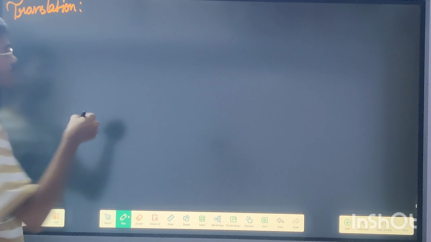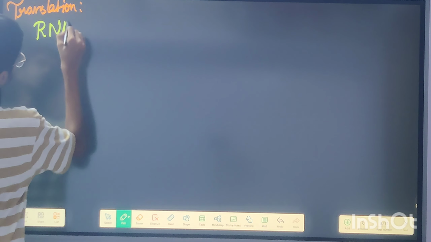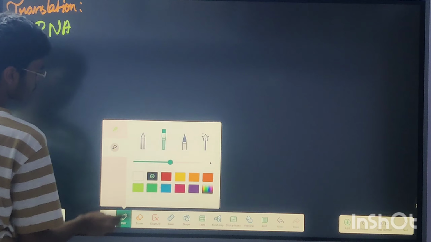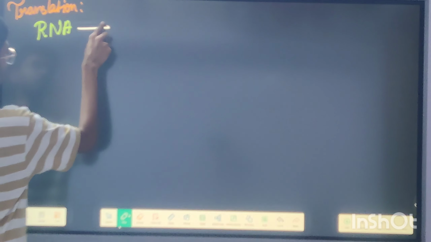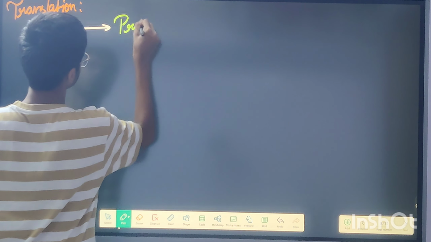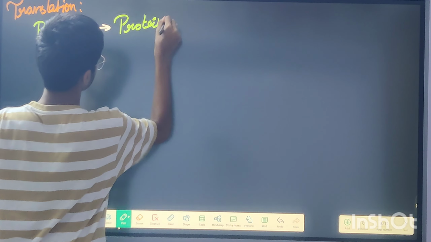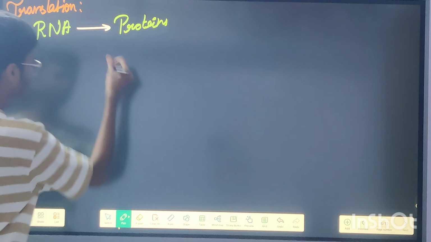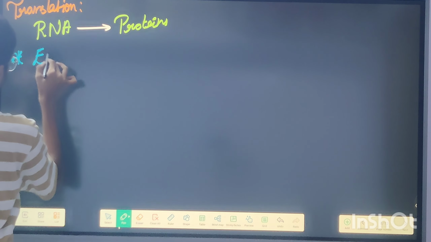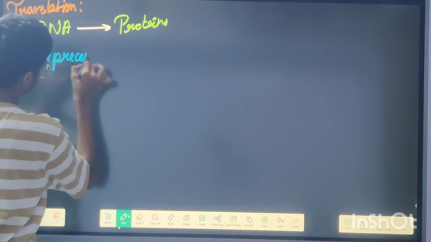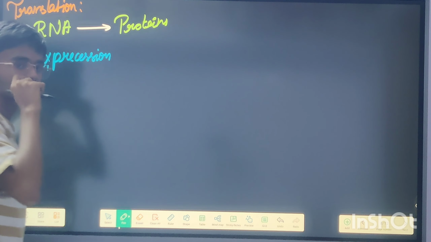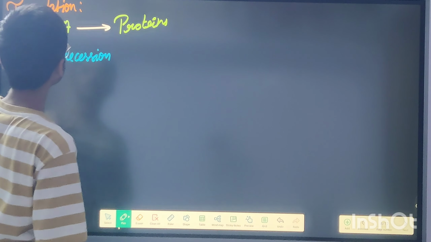See, proteins from RNA. From RNA, proteins will be created. This is the phenomenon. Actually, by using this process only, the expression happens. The total expression itself happens just by this translation only.